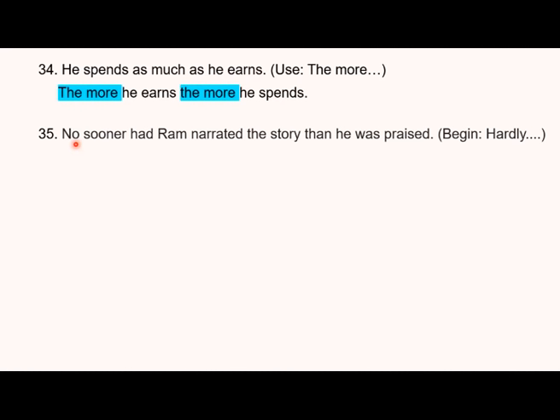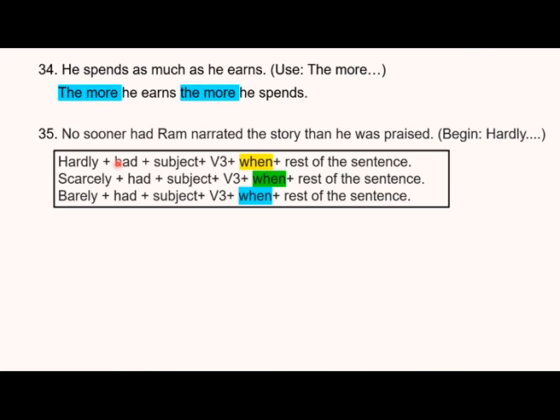Finally, there's one more point. We know about no sooner now, but suppose they ask you to begin a sentence with hardly. Again, remember, principles remain the same, but there's one basic difference. If you are using hardly, then use had. Subject, that is your Ram, the verb will be in the third form because it's had, just as in no sooner, had and the verb in the third form.